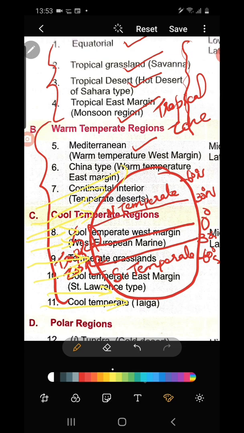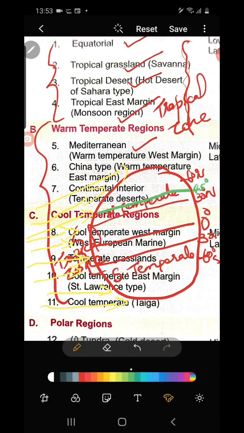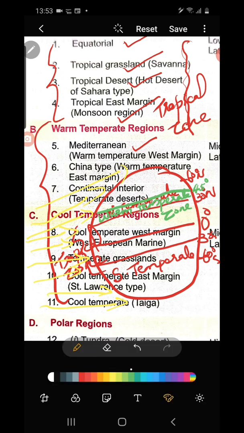Now again, the temperate zone can be divided. 30 degree to 45 degree is named the warm temperate zone, that is the north warm temperate zone.